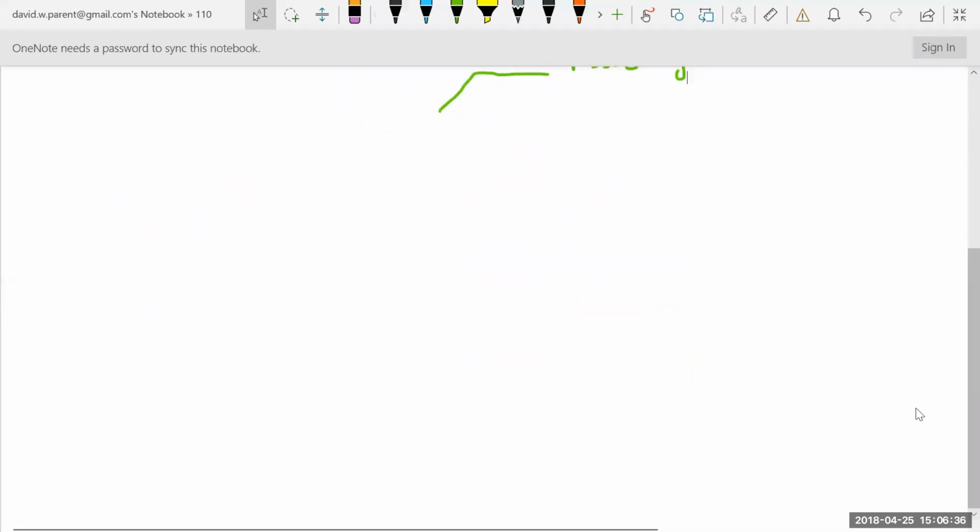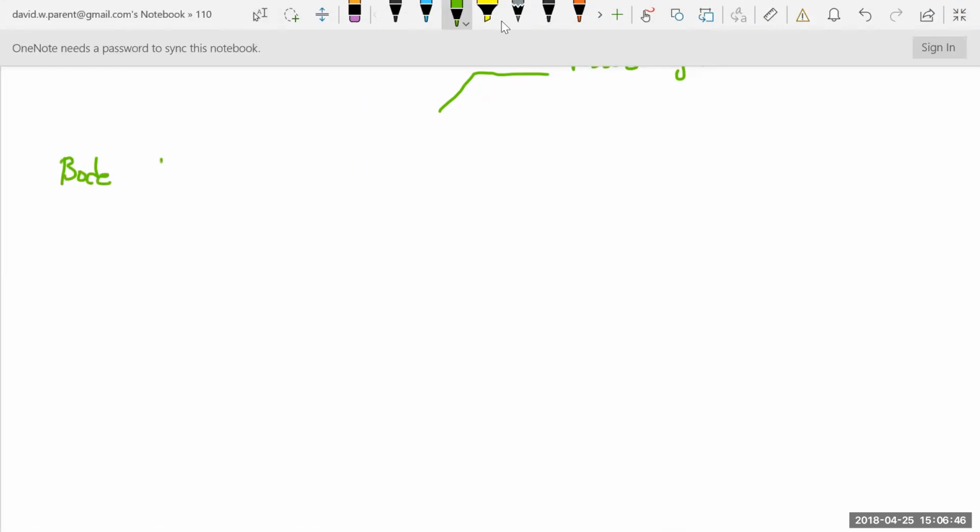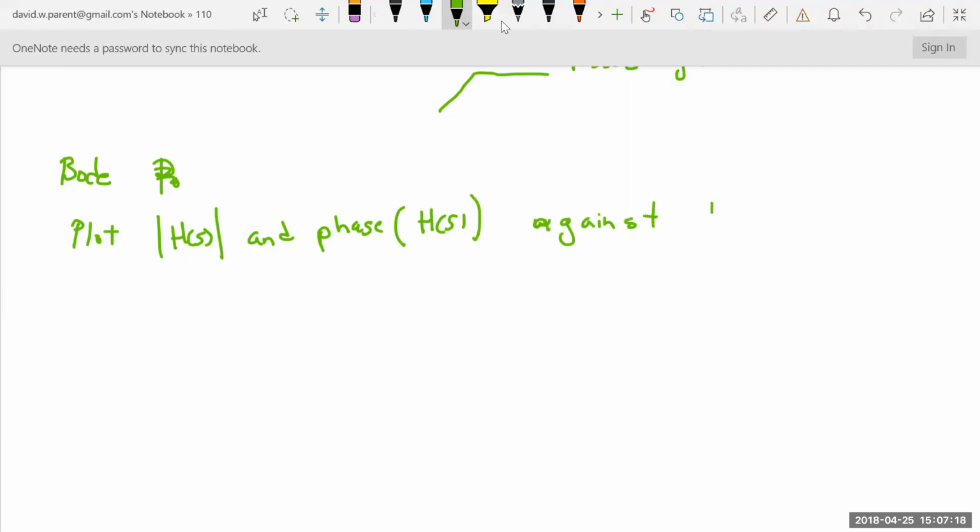Now, we haven't really done this in a while, so you know, what is the Bode plot, right? Well, plot the magnitude of H(s), right? And phase of H(s) with or against the log of the frequency or omega.